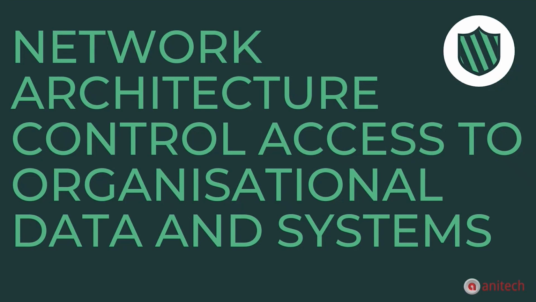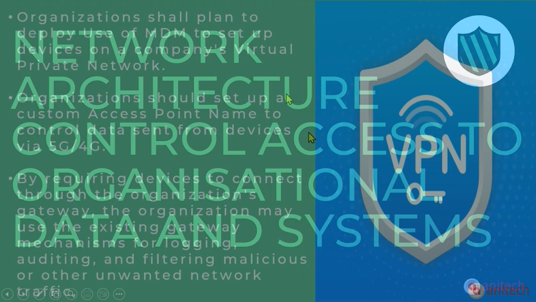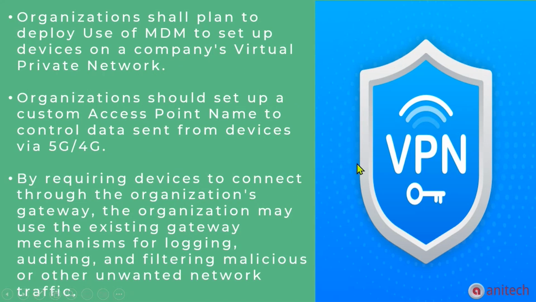All good. So let's talk about network architecture to control access to organization data and systems. Sounds really big, but it's pretty simple. All right, so we are talking about the VPN systems available these days. Organizations should deploy MDM to set up devices on the company's virtual network.